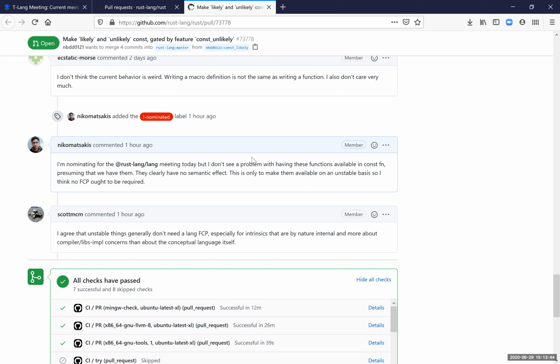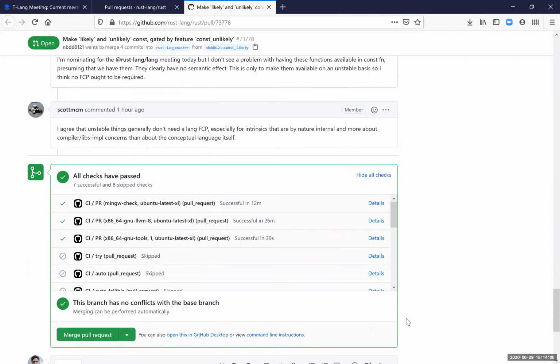Also, as a side note, I am hopeful that one day we may have const functions that do non-trivial CPU-intensive processing, in which case having likely and unlikely may actually have semantic meaning for an optimizer that may be useful at compile time, but that's a separate problem. I suppose so. It's kind of science fiction right now.